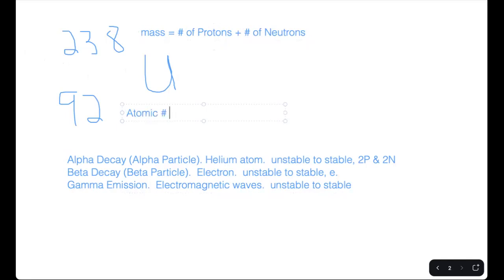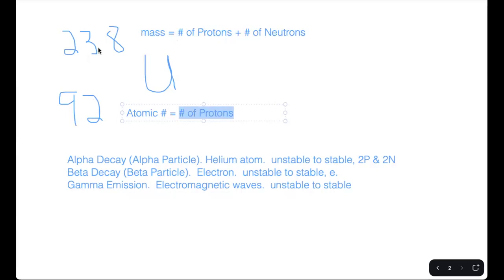The atomic number represents the number of protons. So as a review, we know this is uranium and it has 92 protons. Now, how many neutrons does it have? We'd have to do a little math: 238 minus 92.